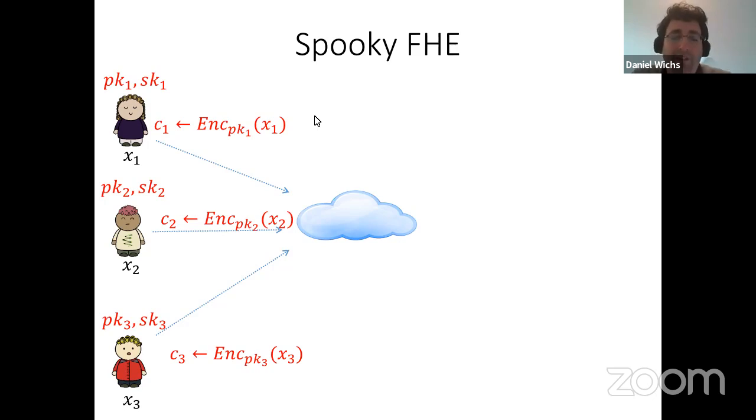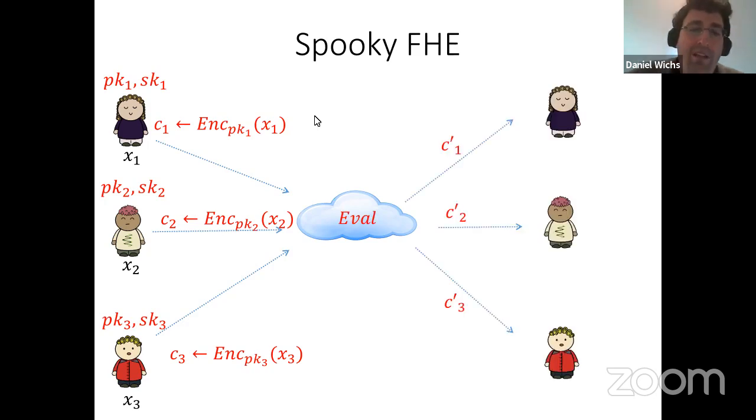Now they send the data to the cloud. So far, everything is the same as in the multi-key setting. But now, instead of asking the eval function to compute a single ciphertext, we're going to ask the eval to do some complicated operation on all of these 3 ciphertexts and output 3 different ciphertexts for the 3 different users. So it doesn't output one ciphertext that they all collaboratively decrypt.